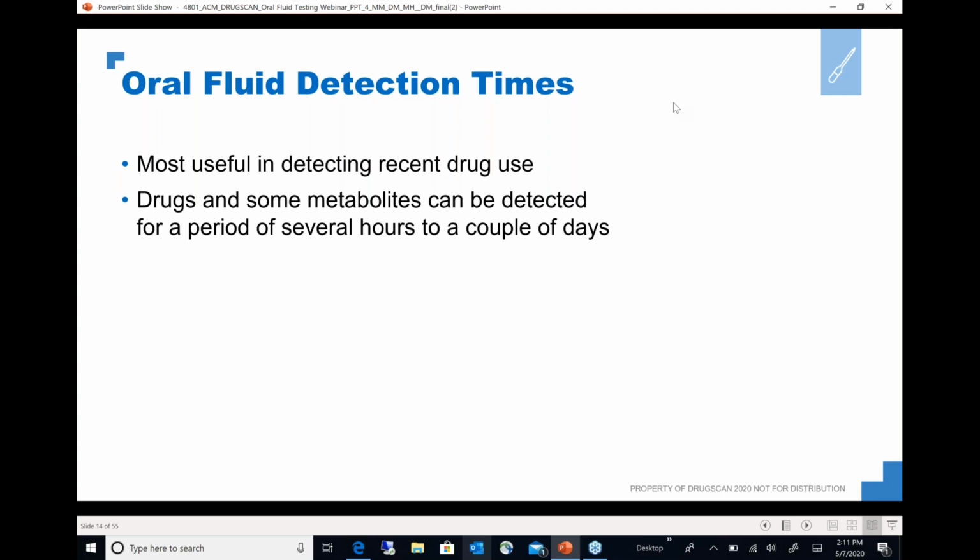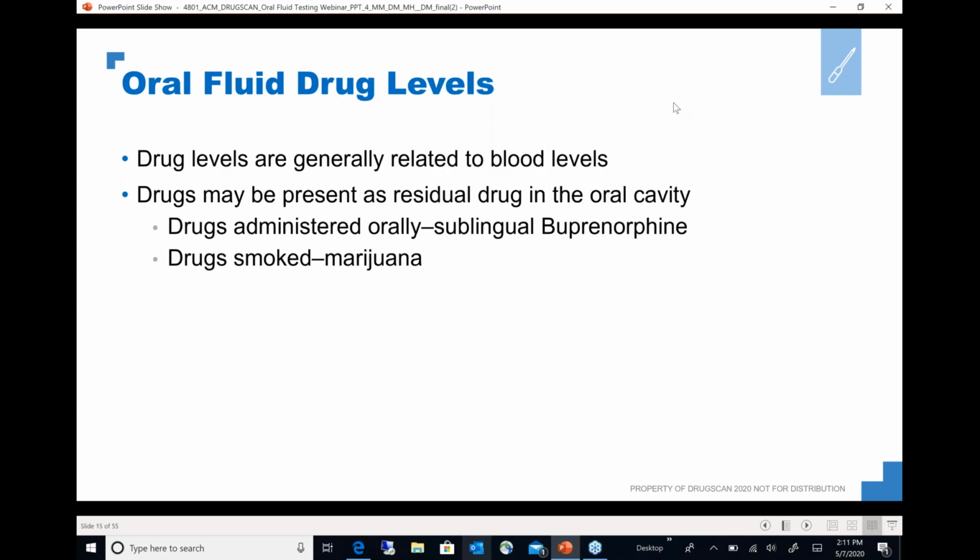Therefore, the drug detection window is more narrow. Some drugs and some metabolites can be detected for a period of several hours up to a couple of days. Drug levels, generally speaking, are related to blood levels. We'll talk a little bit more about that more specifically as we move forward in the presentation.